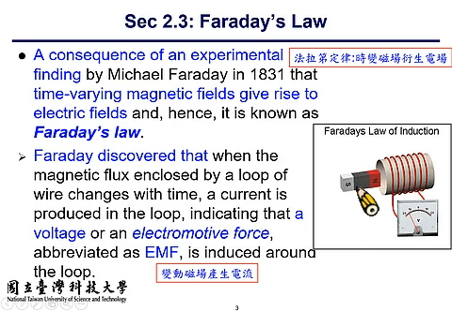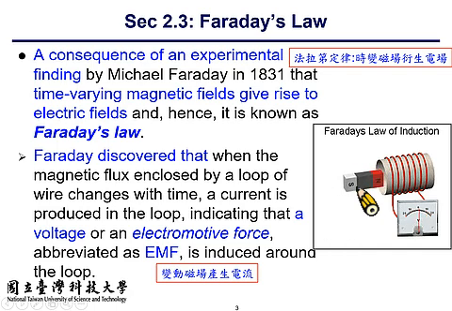One important thing to notice from this experiment is that the voltage, the electrical potential, the electromotive force, is not produced by the presence of the magnetic field. It is generated by the change, the time variation of the magnetic field.